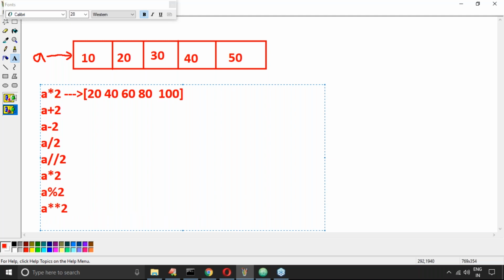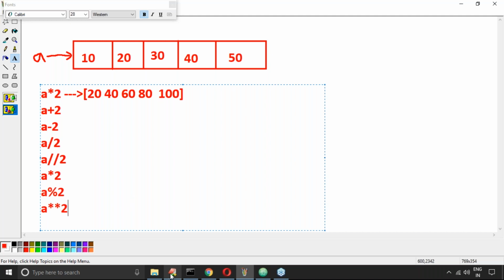I hope everyone can expect the results, so there is no need for explanation. A plus 2 adds 2 to every element of the array. A minus 2, a by 2, we should be aware of these, right?